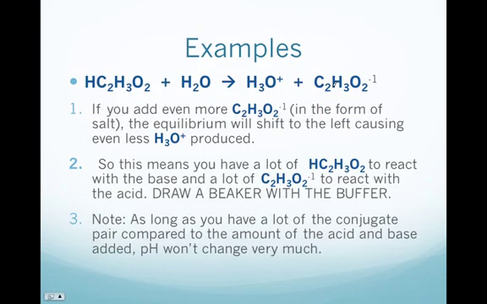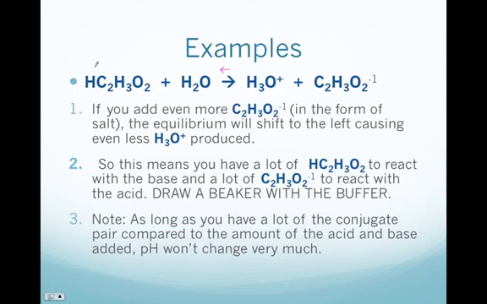All right, so if you take a look at this buffer system right here, this actually should be at equilibrium, so we should have a double arrow. And what you see is that over here, you have the conjugate base. And since the conjugate base is here, it could accept hydrogen ions. And here we have the acid, and so it can accept hydroxide ions.